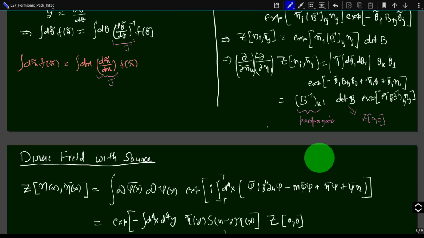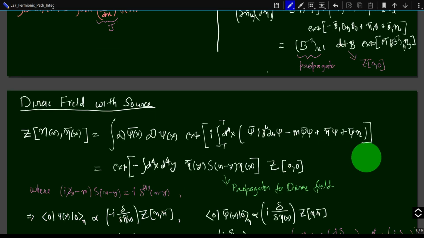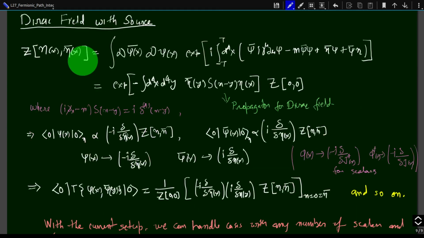That's the only change. So moving on for completeness, if I write the Dirac field with source, the partition function Z[eta, eta bar] would be the path integral over d psi bar(x) d psi(x) of exponential i times the integral from minus T to plus T d4x of psi bar i gamma mu del mu psi minus m psi bar psi plus eta bar psi plus psi bar eta.